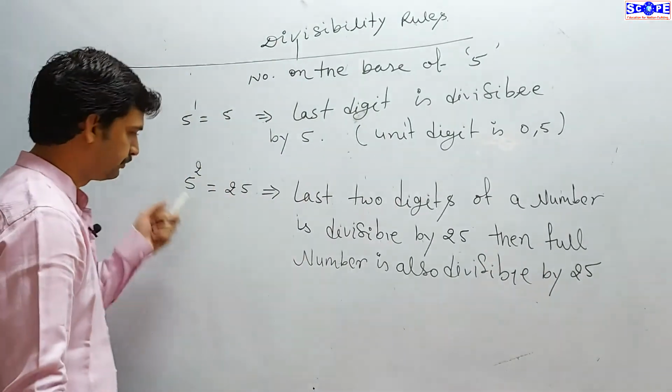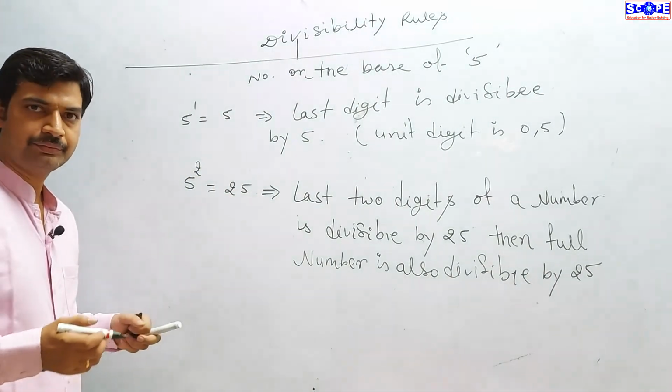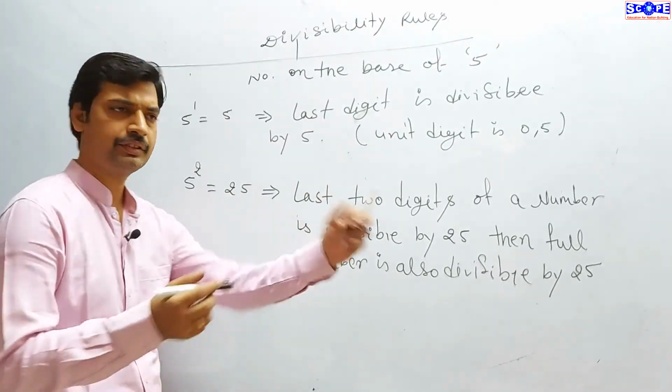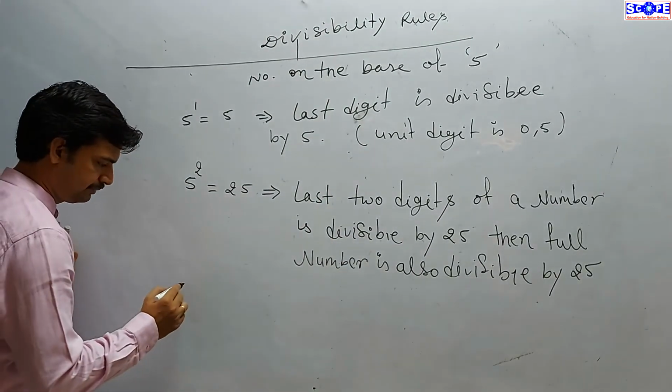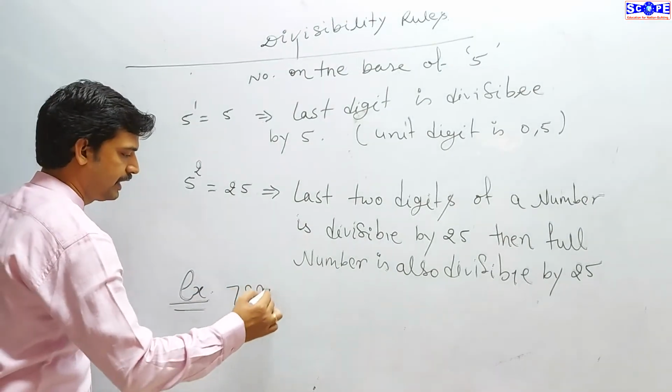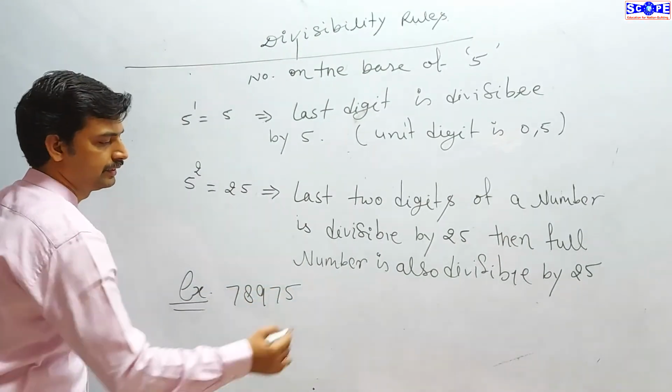Right? Same, 5 raised to 3 means 125. So we'll make the rule for 125 also, with 3 digits in this one. For example, I am taking 78975.